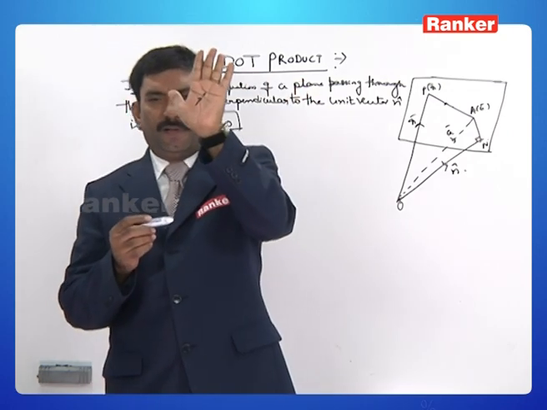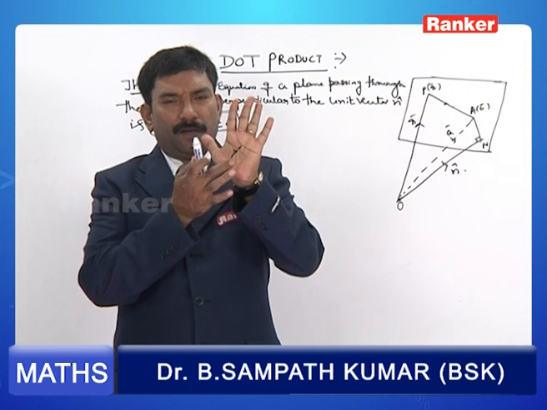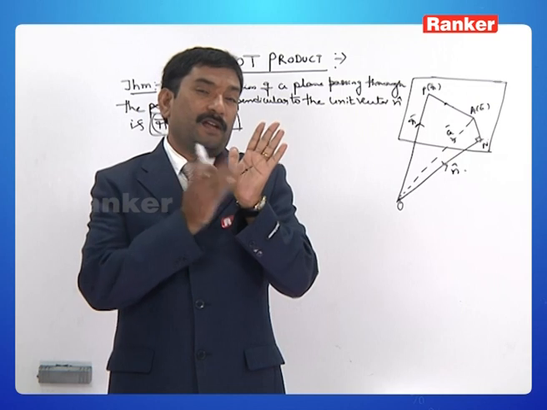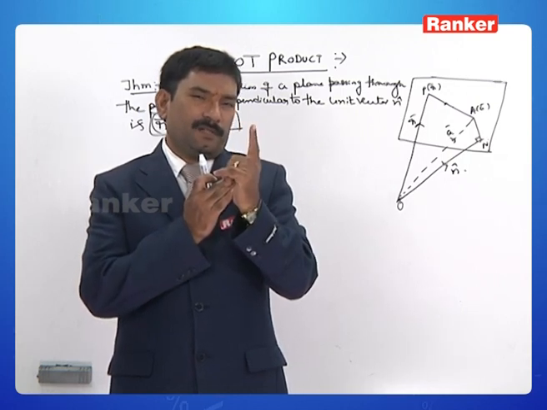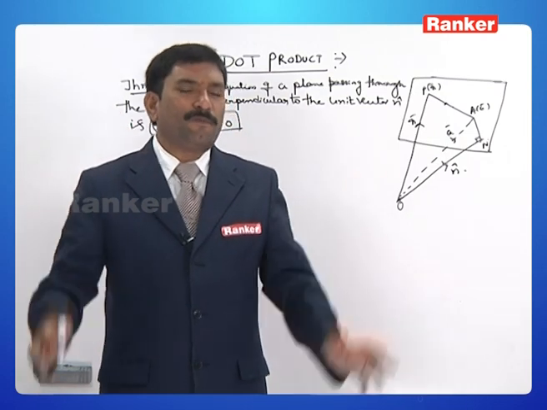This vector is AP bar. The plane may contain one vector or two vectors or three vectors, any number of vectors.